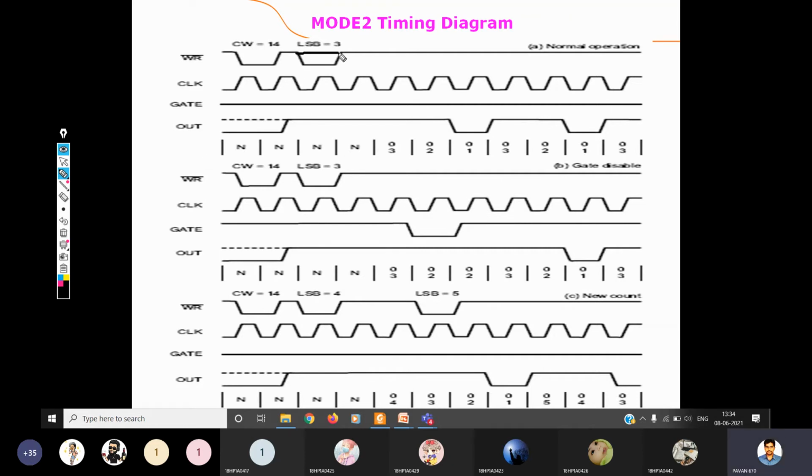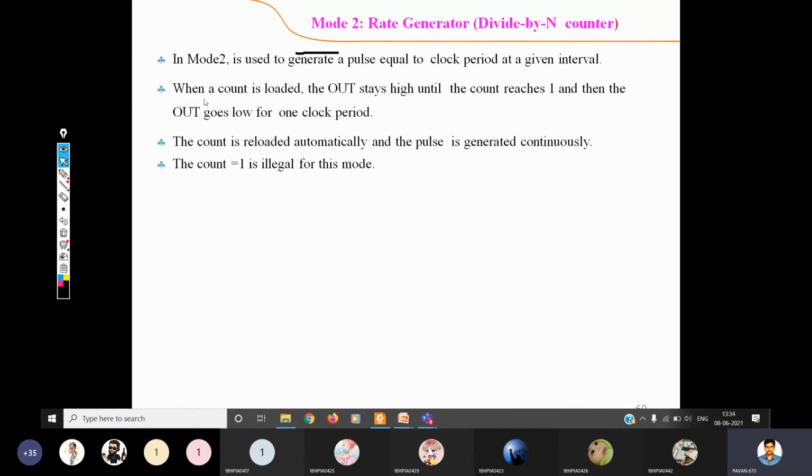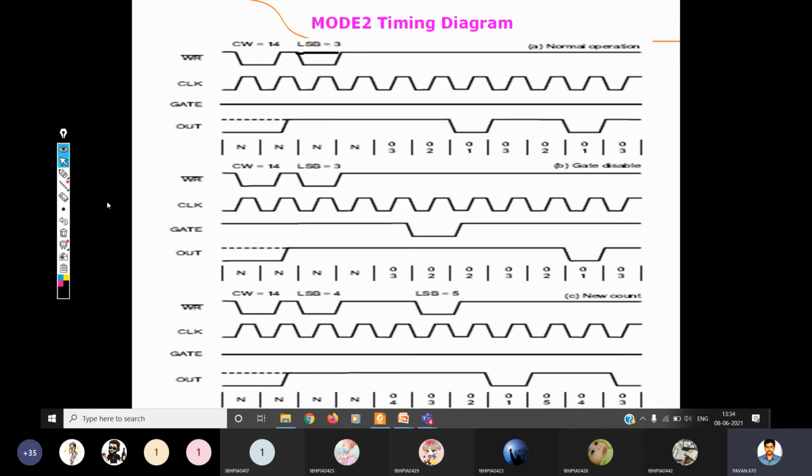Suppose a value is loaded into the counter register, and here the gate is enabled, because the mode we are operating in here is the rate generator mode. Okay, what I am assuming here, let us say the gate is enabled. If possible, we can disable the gate also. That is another case; the below case we will talk about here.